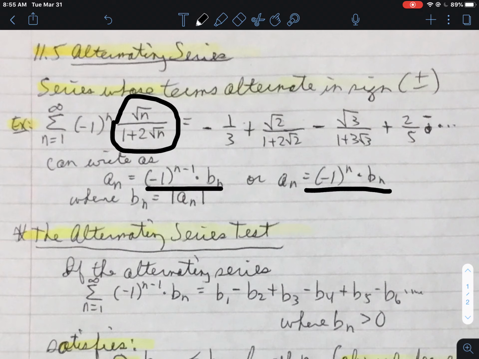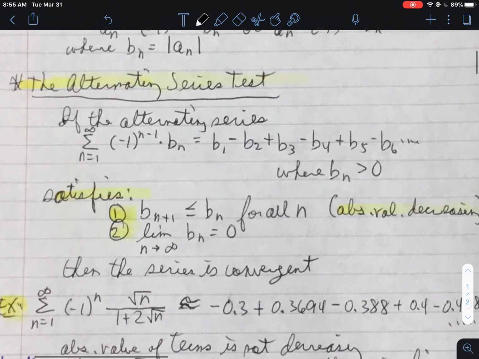It's the absolute value of the terms of the series. If you apply that absolute value to a sub n, then you're simply ignoring the -1 part. So the generic notation, an alternating series is a series of the form -1 to a power times some positive expression, which, again, is just the absolute value of a sub n.